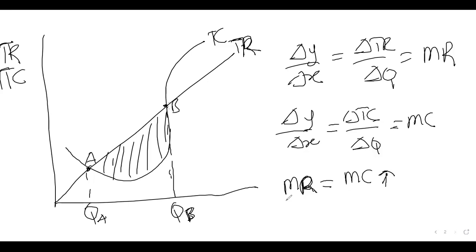Rising. Okay. So at the profit maximizing point of a perfectly competitive firm, or of any firm at all, their marginal revenue should be equal to their marginal cost, but their marginal cost will be rising.